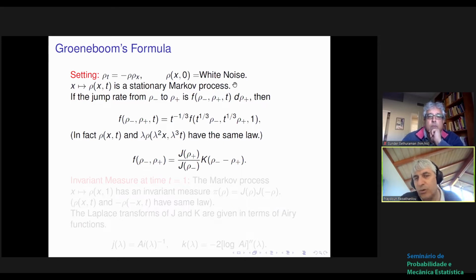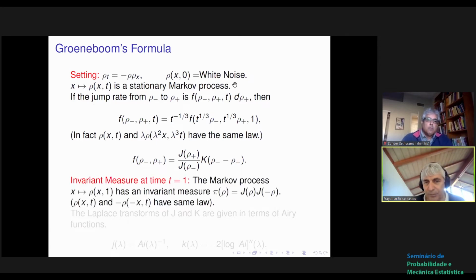One of them is J(rho plus) over J(rho minus). The other one now depends only on the size of the jump. This has very much to do with Burgers' equation. This phenomenon would not happen if you switch from Burgers' equation to another Hamilton-Jacobi equation or scalar conservation law. But this additional structure is present here.